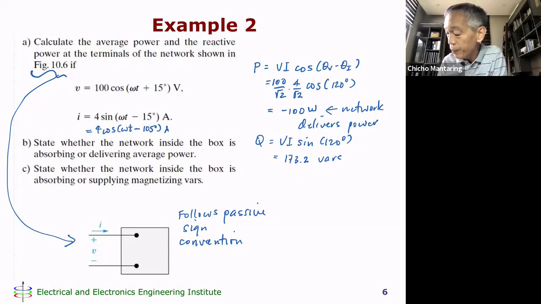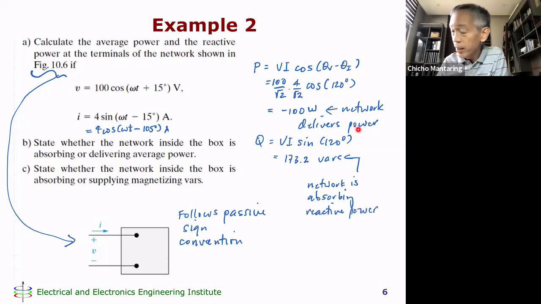Well, this means that my network or my element is absorbing reactive power. It is delivering real power, but it is absorbing reactive power. So yun yung sagot nito ng letter B at saka letter C.